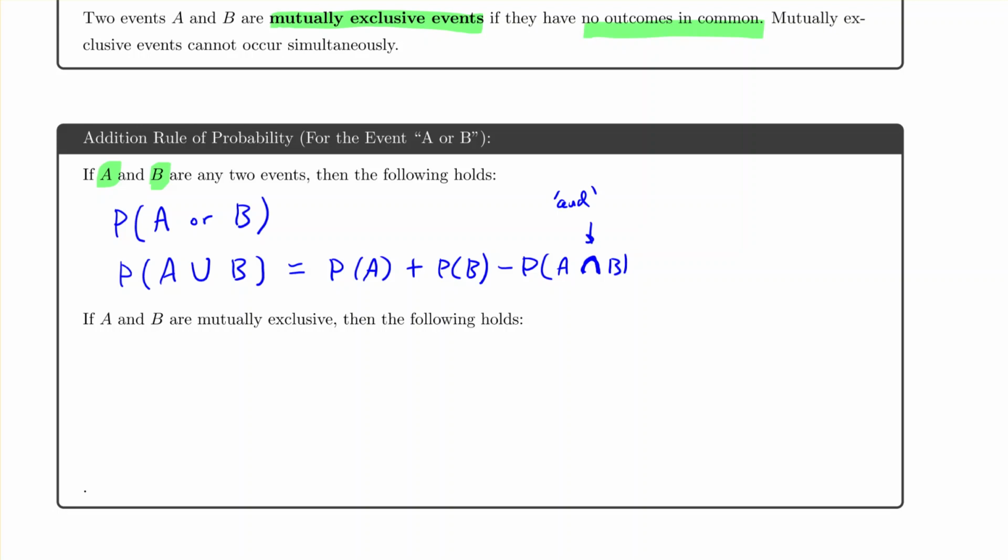So why does the formula add two separate probabilities and subtract A and B? Let me draw a quick Venn diagram right here.